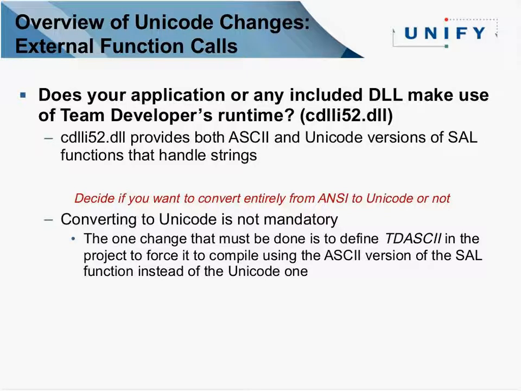Now, this is all documented, guys. When you install TD, in our help files, you can find detailed information and samples for all this. I'm just doing an overview here so you are aware of those changes and you can take action if necessary for your application.